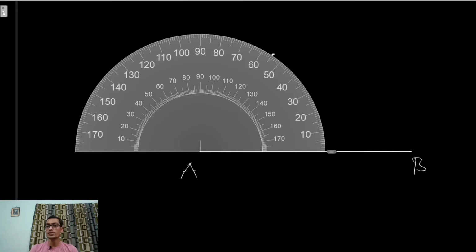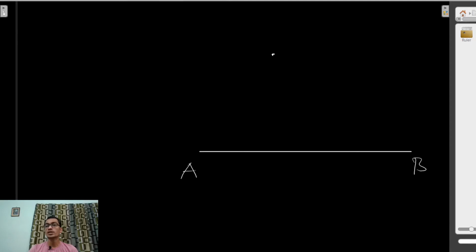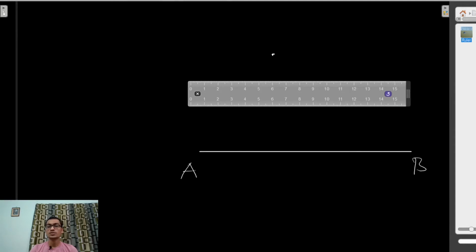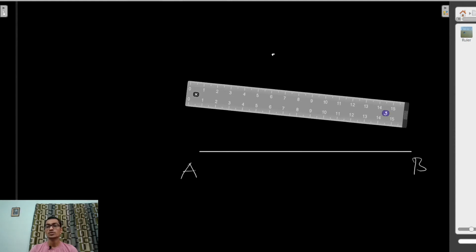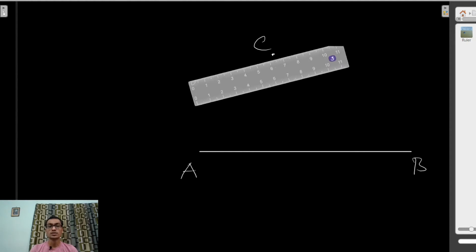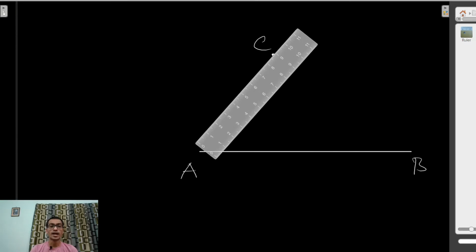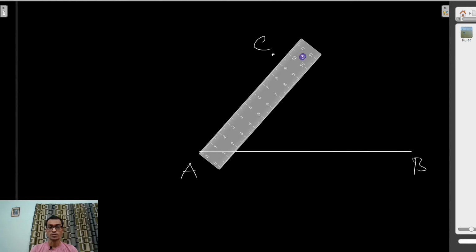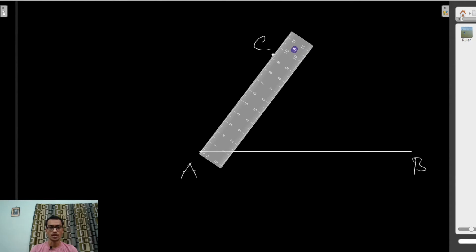Now we will remove our protractor, then we will take the ruler so that we can join these two points. Let us say the point C here. Now we will join the point C and A. First of all, place the ruler in a proper place so that we can draw the angle more accurately.